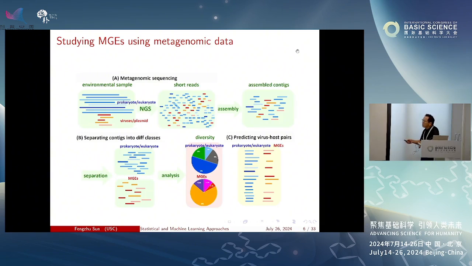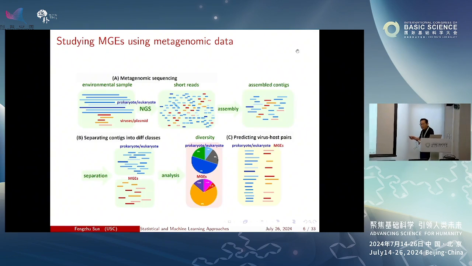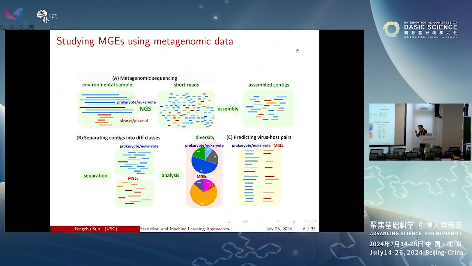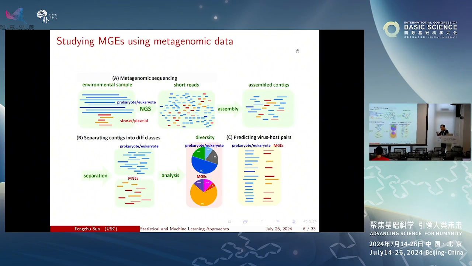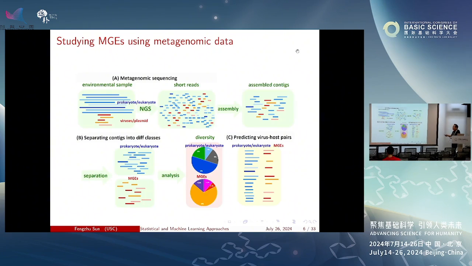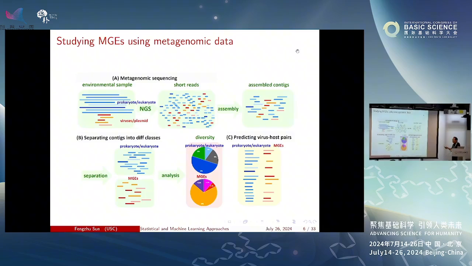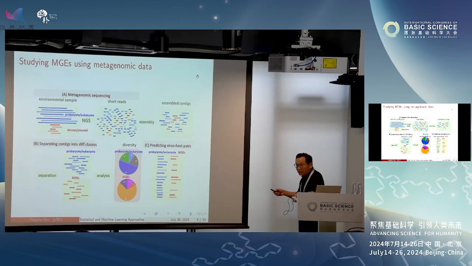So we use other people's program, we do assembly, and then we get longer sequences. Those sequences should connect to each other, and they come from the consecutive regions of the same genome. And so we call those the contigs. So that's the first concept, it's contig. Those are the contigs, and this can be 1,000 base pair long, and some of them can be tens of thousands or hundreds of thousands base pair long.